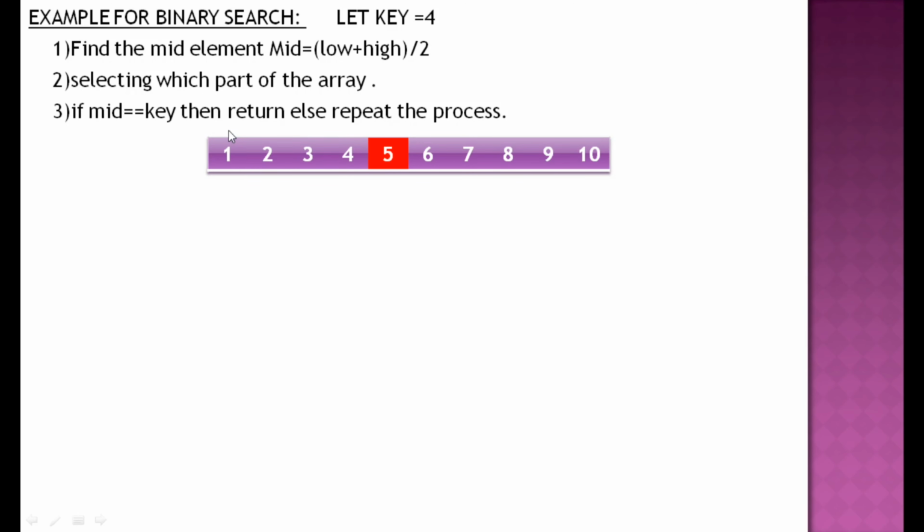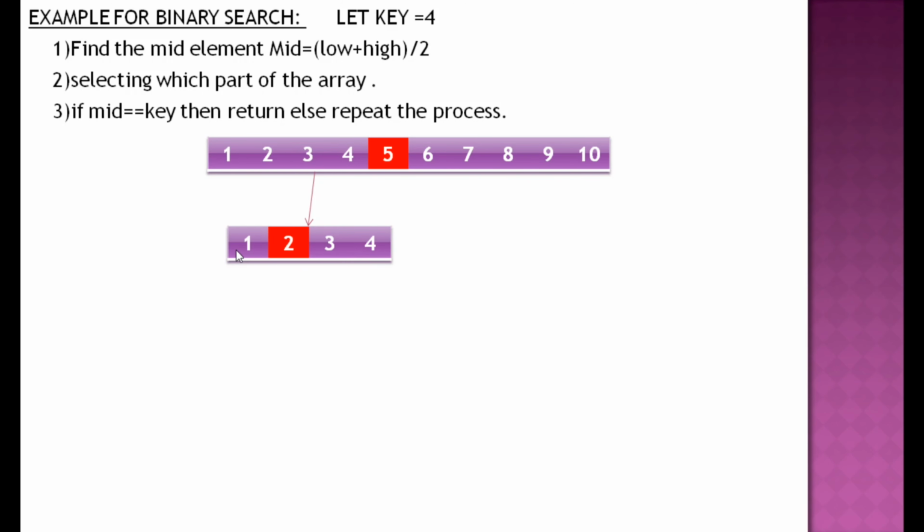When I find the mid, 0 plus 9 by 2, that is 4, taking the integer value. So at the fourth index the value is 5. So 5 is compared with 4, and it is not equal. So 4 is less than 5, so it searches in the left subpart. Again in this left subpart, it searches the center element.